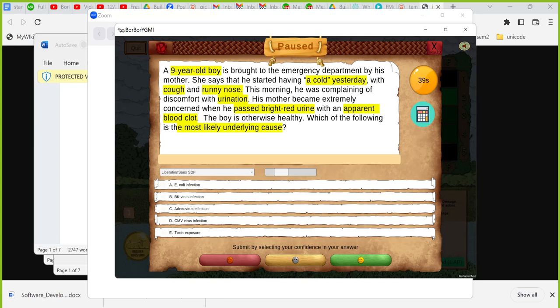Well, this is a patient who just started having an upper respiratory tract infection, and has a UTI, urinary tract infection. Discomfort in urination, right? I don't understand why he's having hematuria.